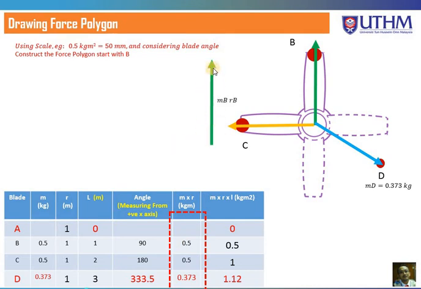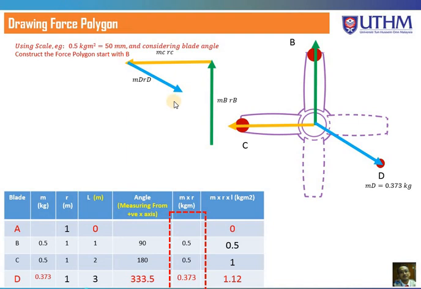This is the force vector for mass B, followed by C, the centrifugal force by mass C, and then followed by 0.373 kgm, the centrifugal force of mass D, in the same direction. So you already drew three force vectors.